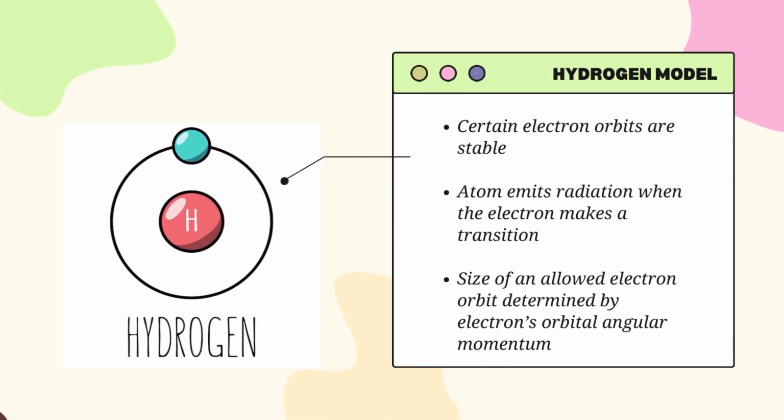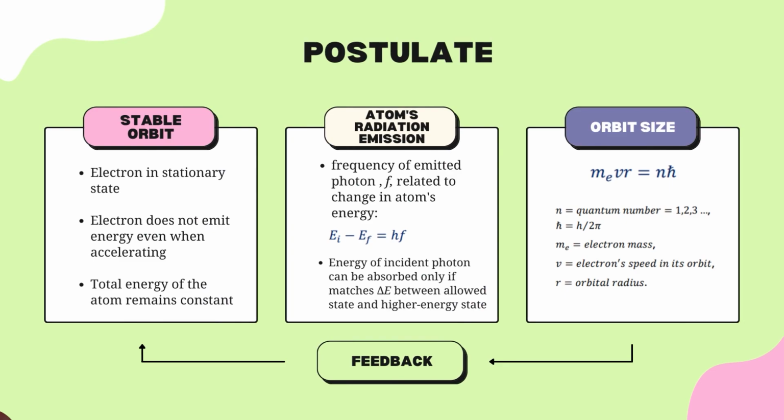His model was based on the hydrogen atom, and it is mainly the product of discussion about the stability of certain orbits, the radiation emitted when electrons transition from higher to lower orbit, and the size of an allowed orbit inside an atom. He stated that to have a stable orbit, the electron must be in a stationary state where it doesn't emit energy even when accelerating, to preserve the total energy of the atom.